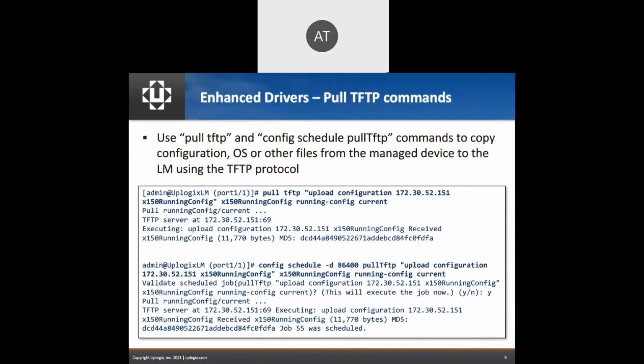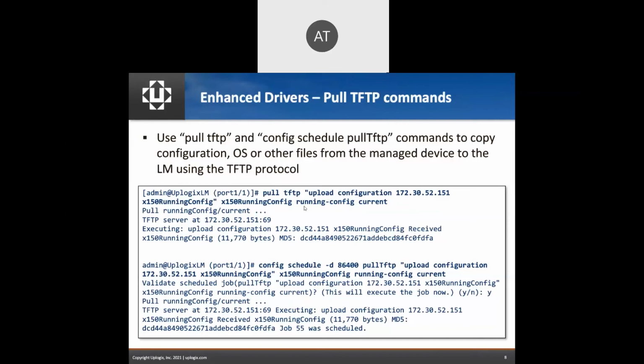Now, like I said, the enhanced driver can be used to do backups. Basically, what we do is we figure out what command you use on the system to transfer those files, and then we put that in quotes in a pull tftp command. So here you've got pull tftp, which we also support scp for, and then you give it the command to run on the system.